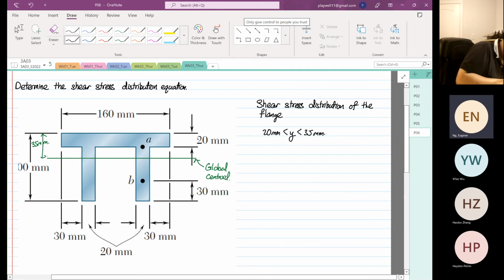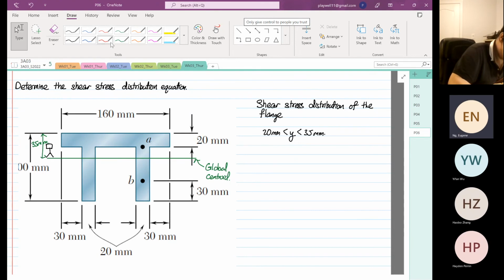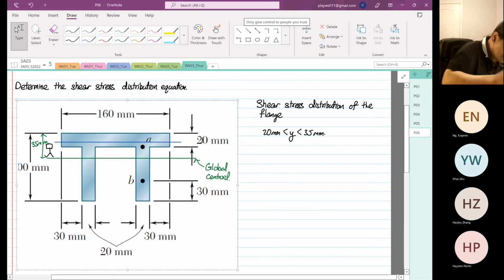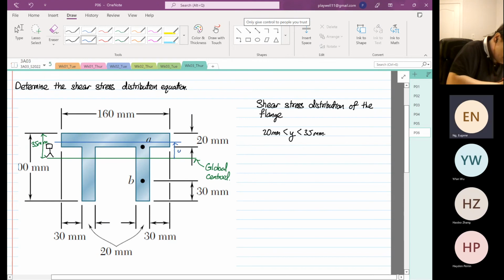And why 20 to 35? Because over here, the centroid is the datum. So from here, if we are interested in a line at a certain location, this is the distance that I'm interested in, my y.